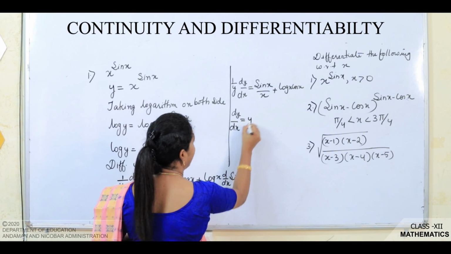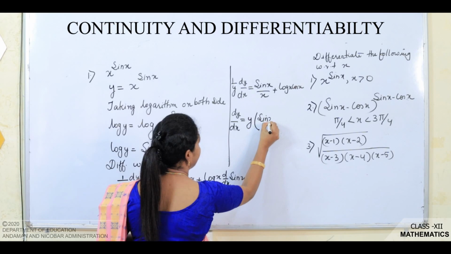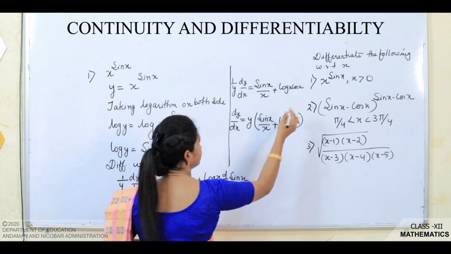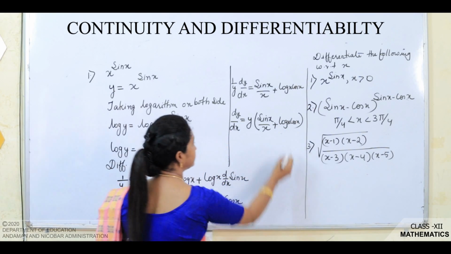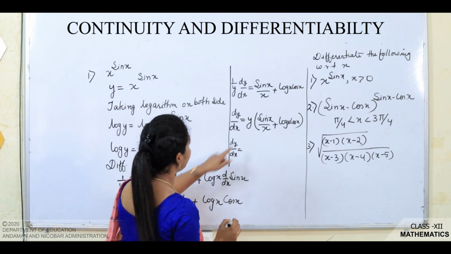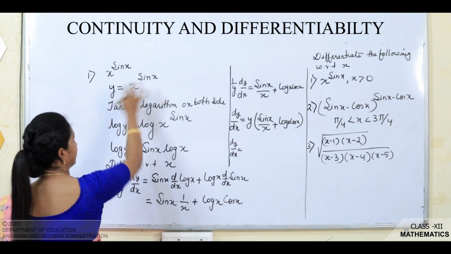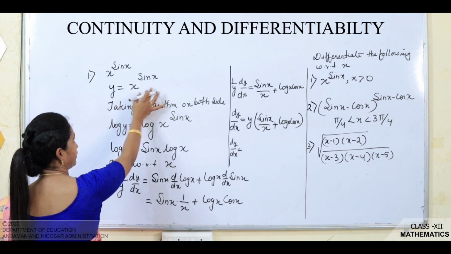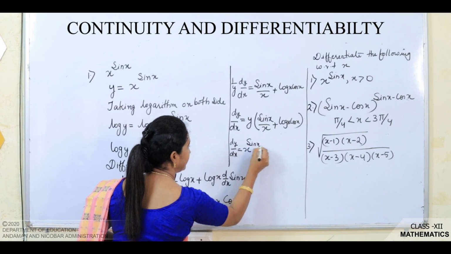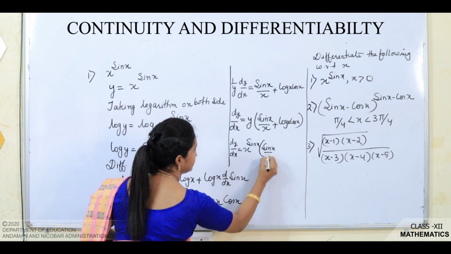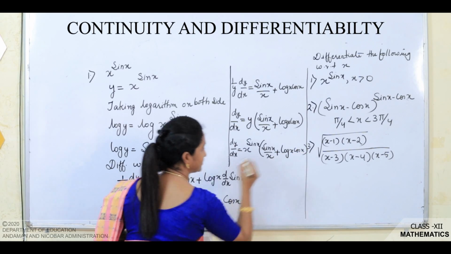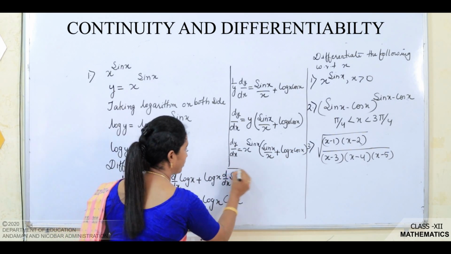So you are going to get y into sin x by x plus log x into cos x, okay. I think it's clear. Now dy by dx is equal to, you are going to replace y by x to the power sin x. This is the important part, the last part, you have to replace y by x to the power sin x into sin x by x plus log x into cos x, okay.